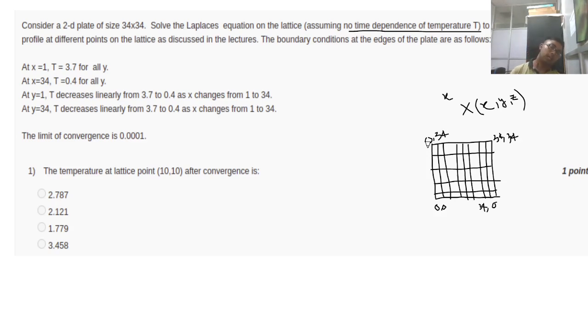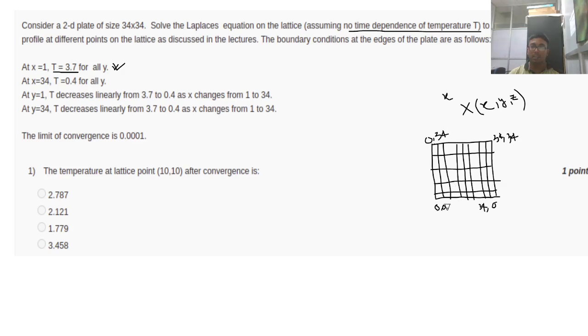If we are solving the Laplace equation, we can have a boundary condition in terms of the Dirichlet condition, in which we have the value of the dependent variable itself at each of the boundary points. In this case, at x equals 1, the temperature is given as 3.7.